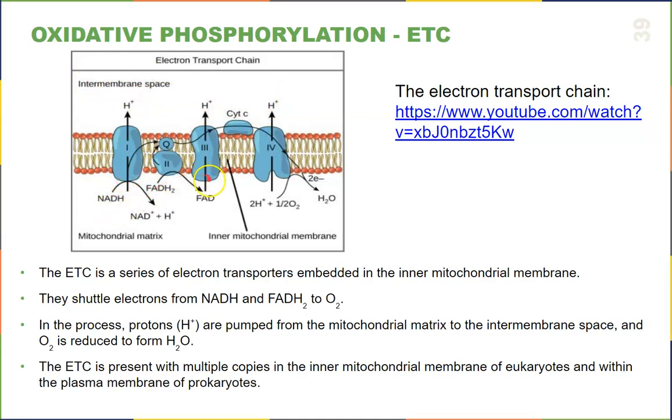Notice all of the broken molecules here. As one is broken, it pumps a hydrogen through, and it keeps pumping hydrogen through, and then eventually electrons will be accepted by water, and that's a product. It's a waste product of cellular respiration.